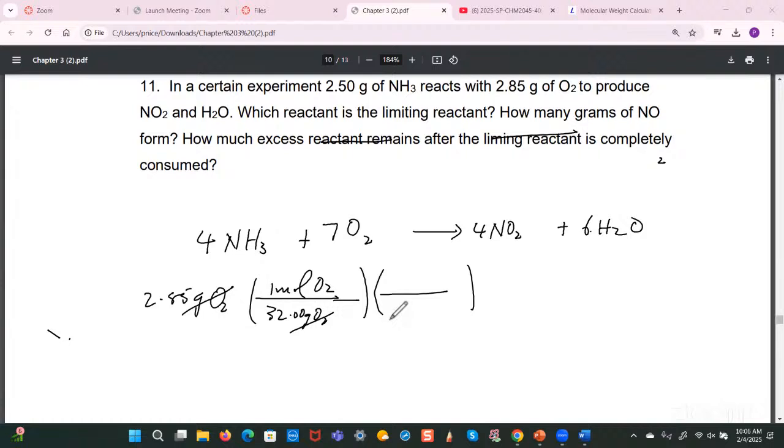Okay, so we're looking at a mole ratio between what and what? O2 and? No, O2 is oxygen. O2 and what?